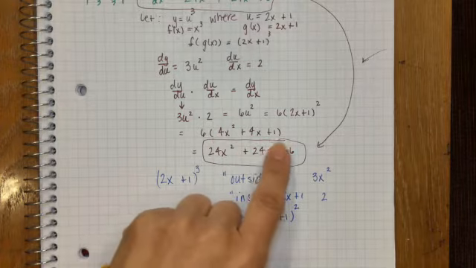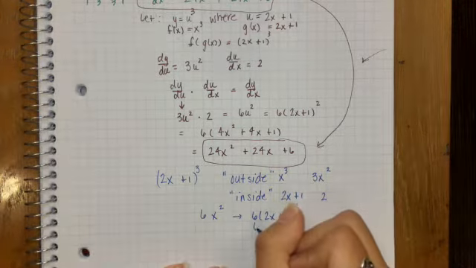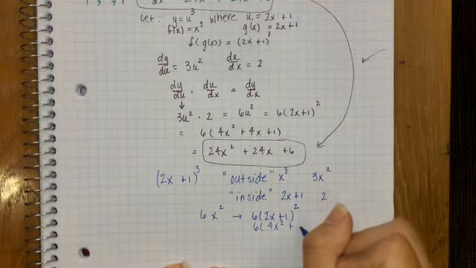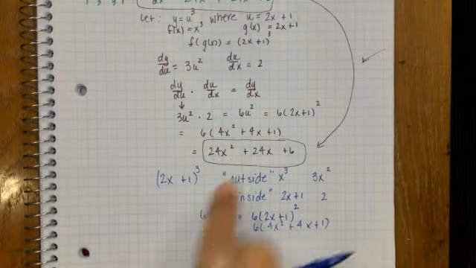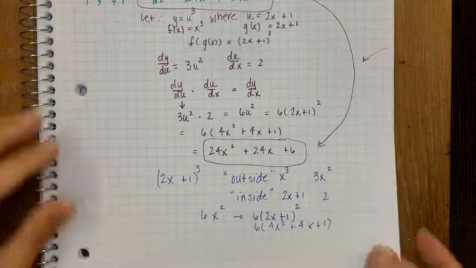And then 2x plus 1 quantity squared is such. Multiply it out. So the chain rule is sometimes referred to as outside inside.